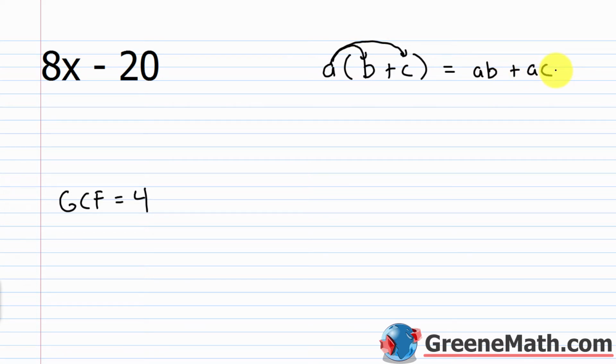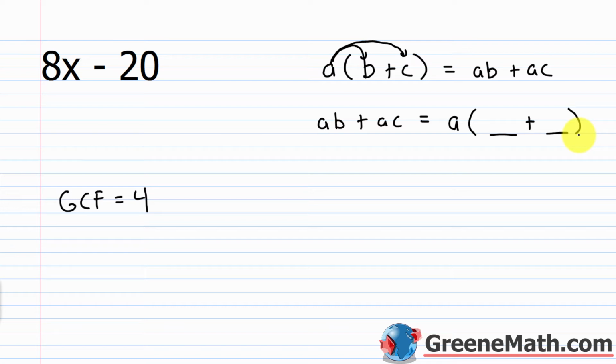Now, what if I was to start out with AB plus AC, and I want to go into this format? In other words, I want what's common, or the greatest common factor, which in this case is A, to be outside of a set of parentheses. How do I get this space and this space? What do I do? Well, there's two ways you can think about it.